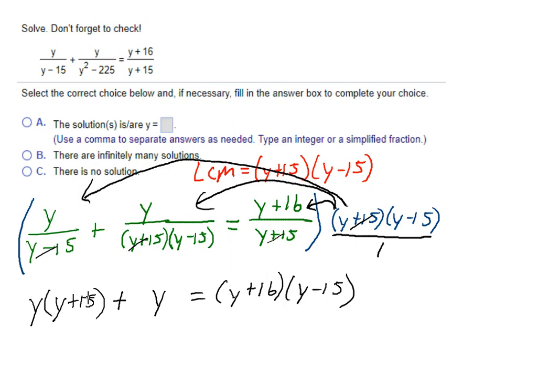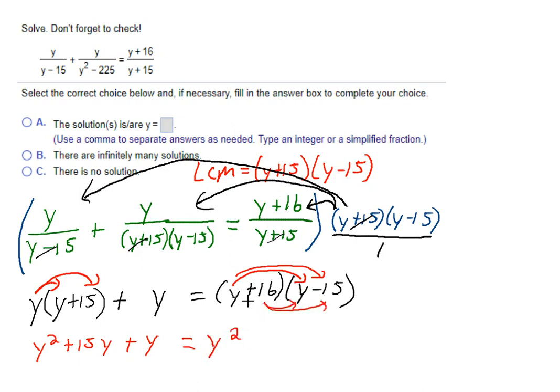So now we need to solve this equation. We got the fractions out of the way, which is great. So now I need to solve this equation that I have, and I'll start by distributing the y into this parentheses. So we're going to get y squared plus 15y. This plus y just gets copied down, equals, on the right-hand side, we'll have to FOIL. First, outer, inner, last. So we'll get y times y, which is y squared.